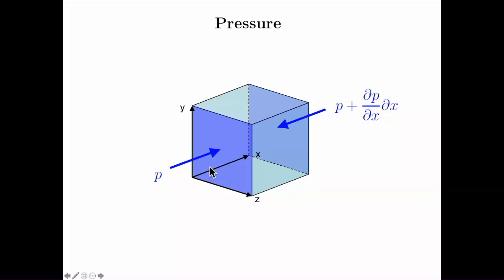That's going to be my pressure plus some change in pressure. Pressure is always acting on the surface. Don't worry too much about this. We'll go through the equations a bit later.